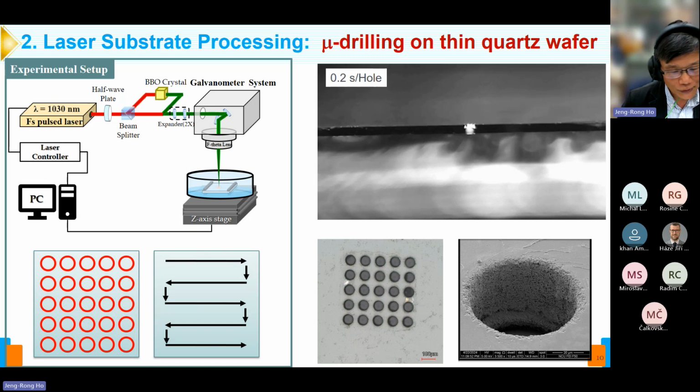And we also have to ensure a very small taper angle, usually less than 1 degree. So of course, high speed drilling is the required capability. And for this case, we can drill one hole in around 0.2 seconds.